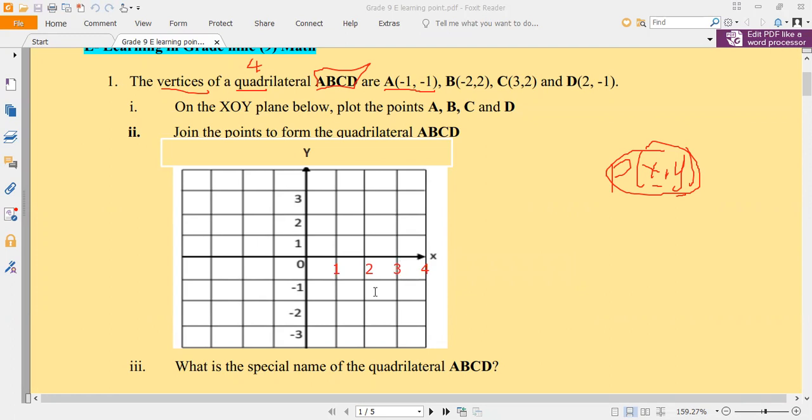Maybe I should use different colors. Let me see if I can use different colors as we put the points in here. So we can have this one 1, then this one 2, this one 3, and again that one 4. And even on this side we can have this one as -4.